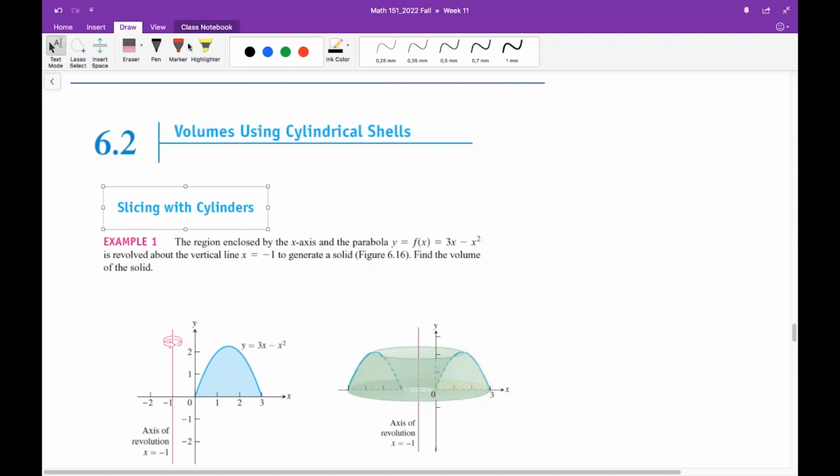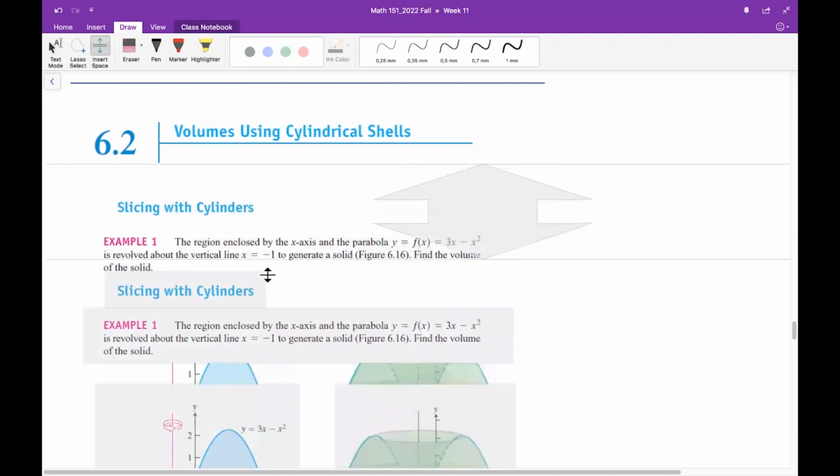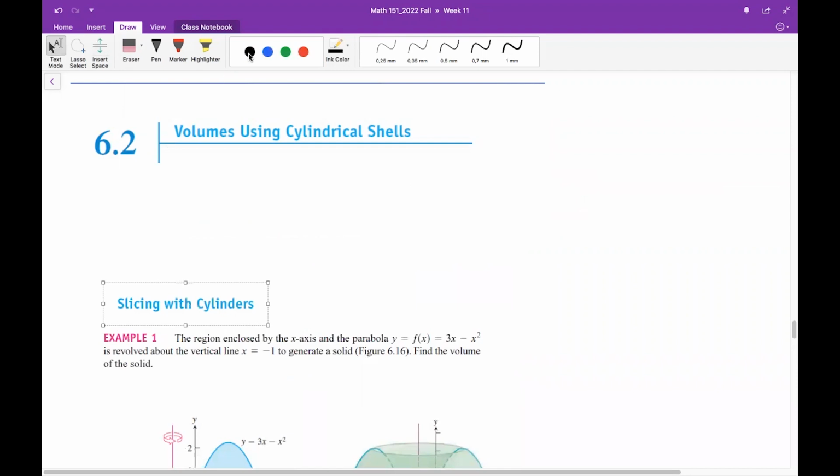Let me put a diagram here that summarizes all these three techniques for you. Volumes obtained by revolving regions. To compute such volumes, we mentioned two methods so far, and now in this lecture, I will mention the third technique.